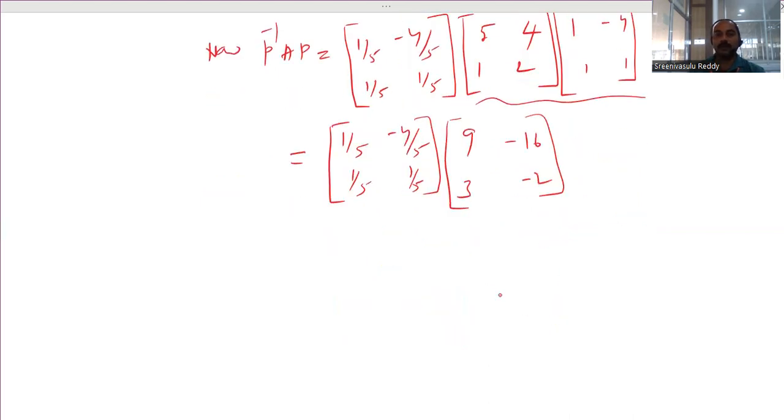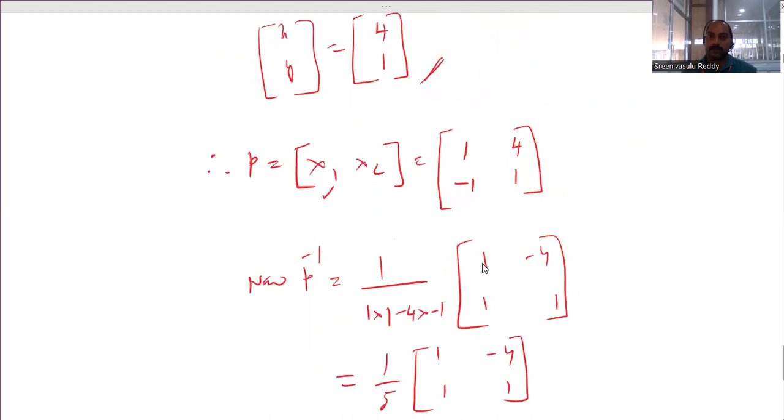Now what about the resultant matrix? 9 by 5 minus 12 by 5. The first diagonal element is, the second diagonal element is minus 16 by 5 plus 8 by 5. Is it okay? Somewhere something is missing. Here I entered wrongly.